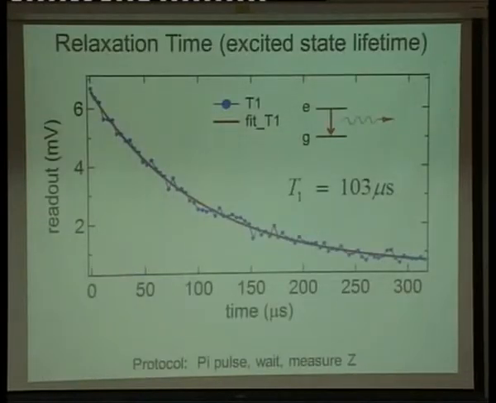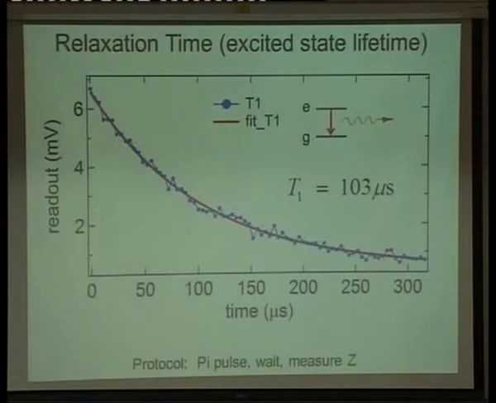So here, for example, is a measurement of T1. You apply a frequency tone to the atom, which is at its resonance frequency and just the right duration to flip the pseudospin from ground state to excited state, a pi pulse in NMR language. Then you wait a certain length of time.